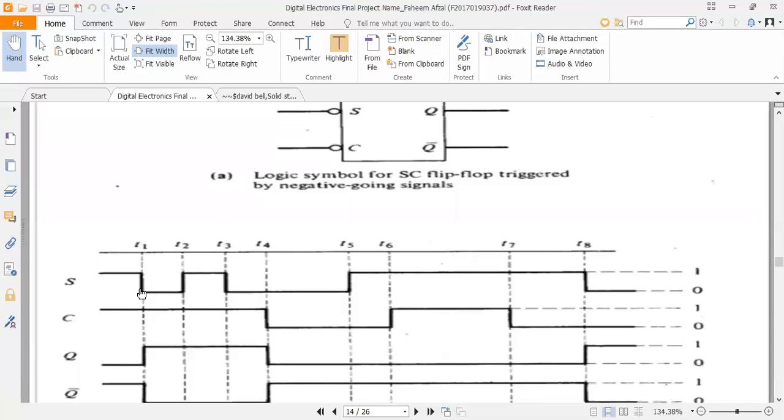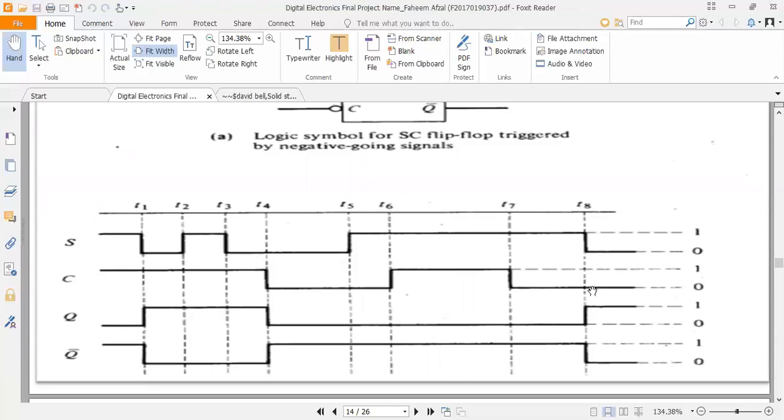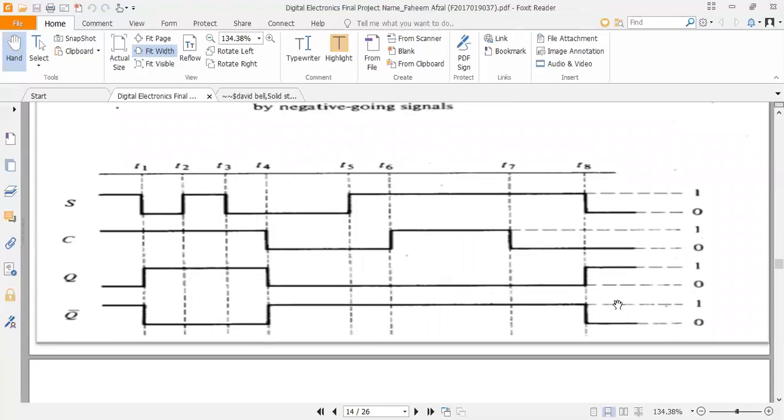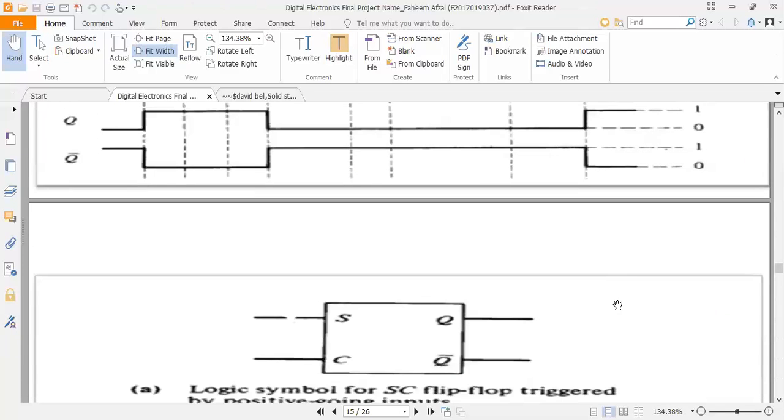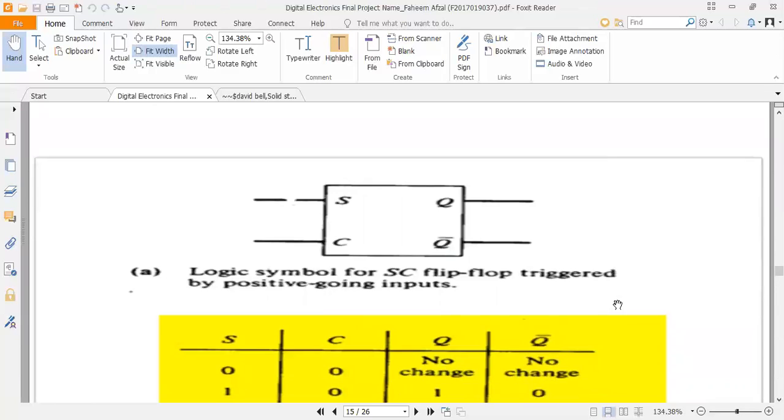When the falling edge came on the S set input, the output became high and it remained high until the falling edge of the C clear or reset input came, and it remained low until the falling edge of the set input came and made it high. Q remains opposite to Q bar.